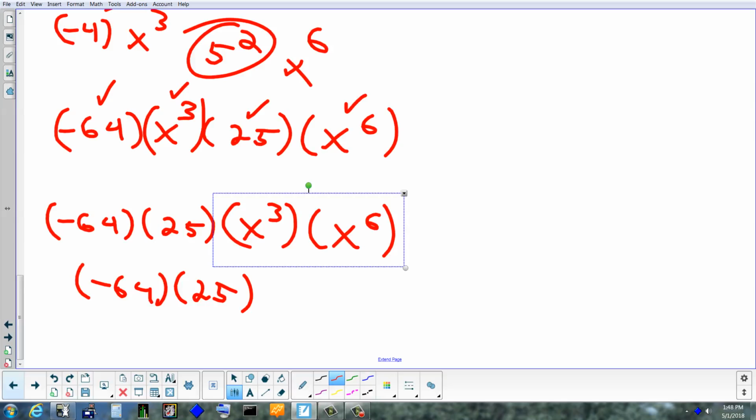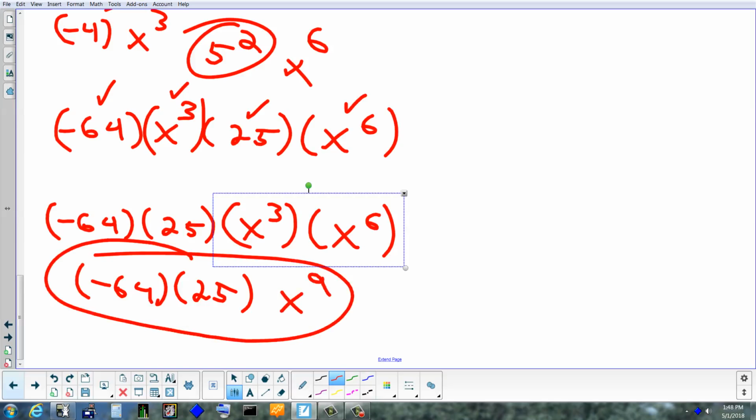Is this a power to a power? No, it's not, so you have to add them. X to the 9th. And you don't put those in parentheses? You don't have to put the x to the 9th in parentheses. You can, you don't have to. You can put the dot, you don't have to. Means the same thing.